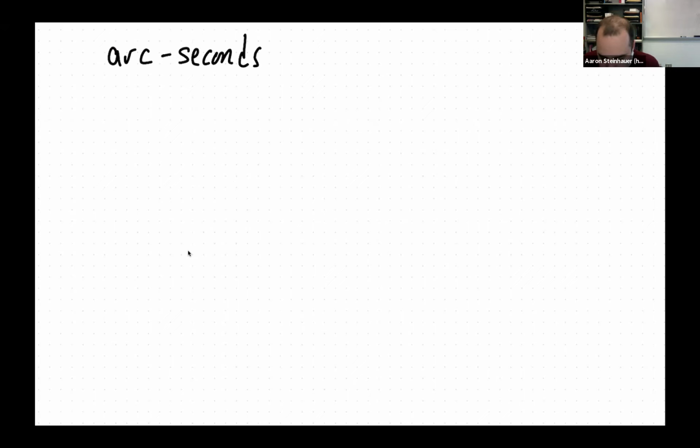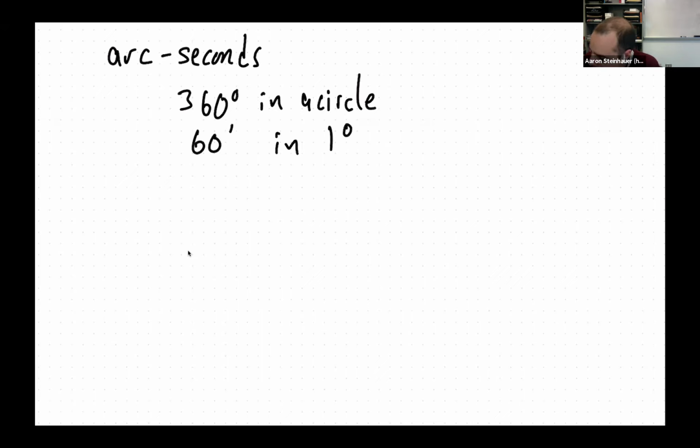So what is an arc second? There are, of course, 360 degrees in a circle. There are 60 arc minutes in 1 degree. So the single dash is an arc minute.